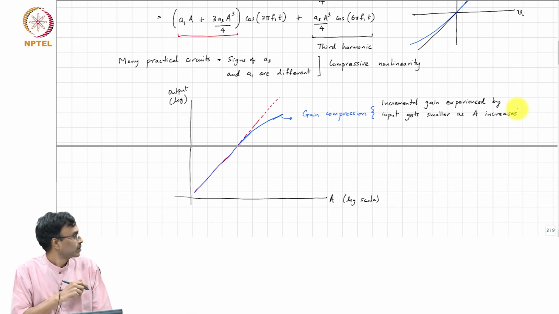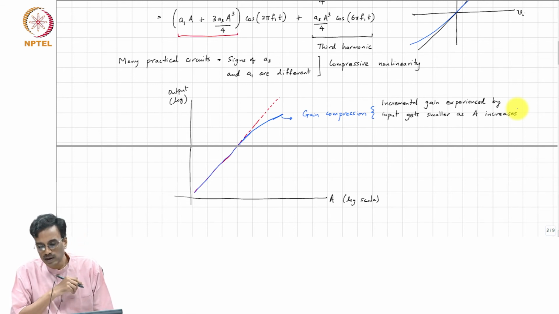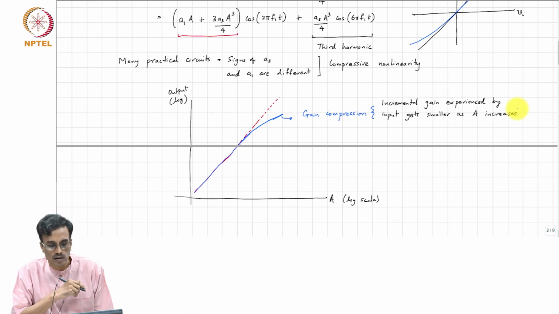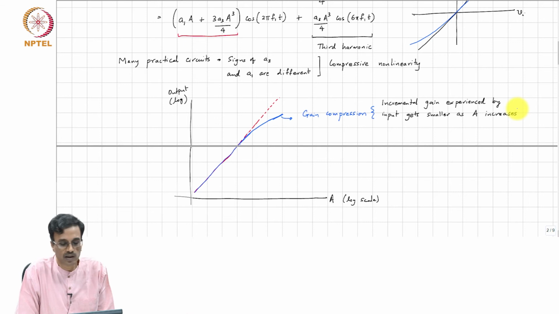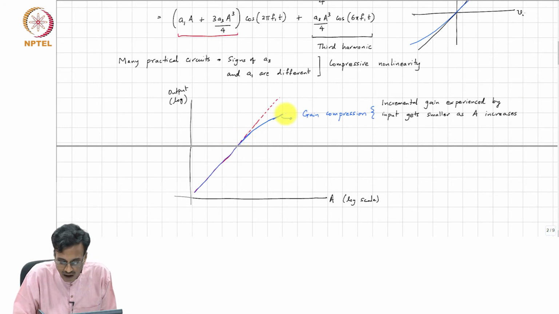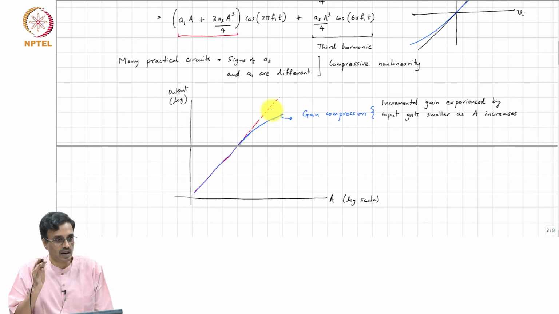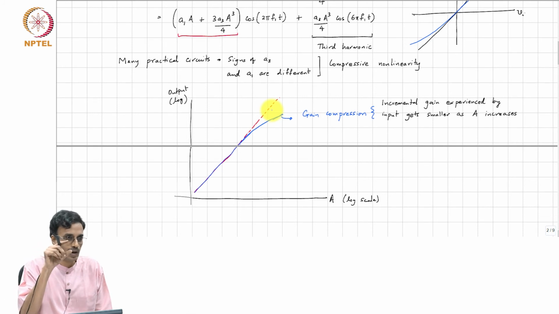So, one metric to gauge how linear the amplifier is, is to look at when the deviation from the straight line reaches a certain value, right.